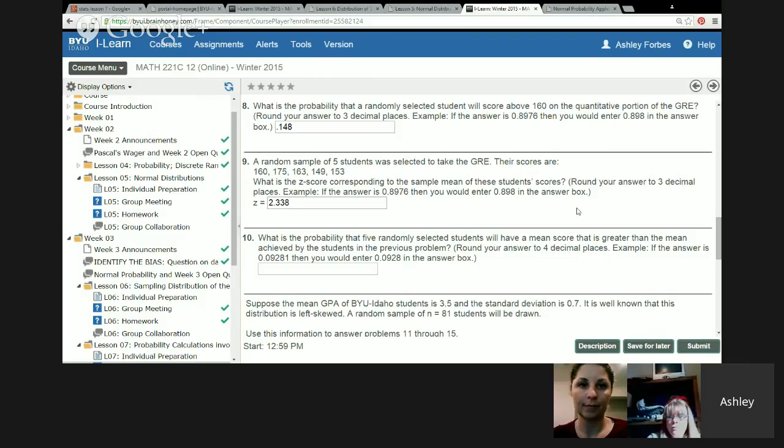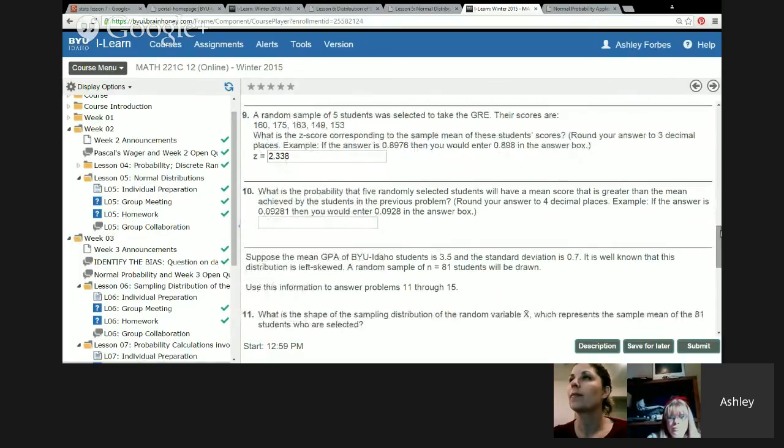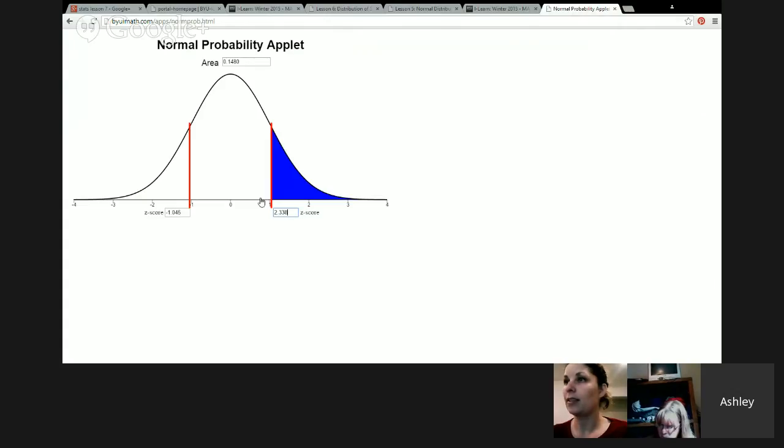Alright, and then what is the probability that 5 randomly selected students will have a mean score that is greater than the mean achieved by the students in the previous problem? So now we just plug in the 0 for the applet, right? Right. 2.338.